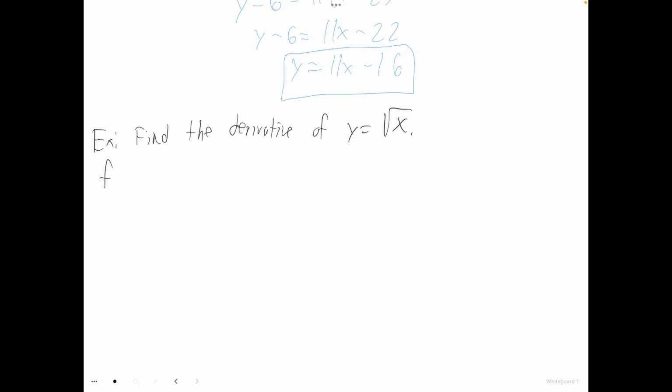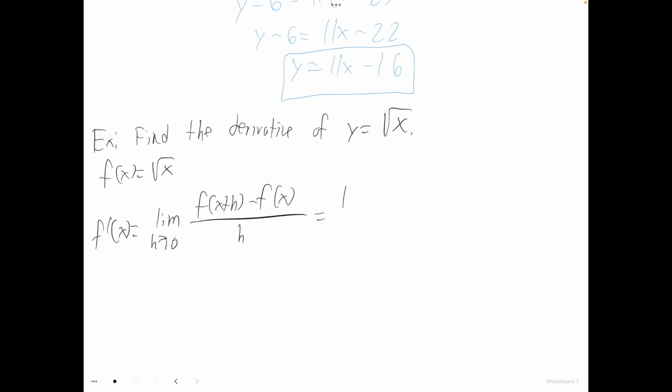Here, if f of x equals the square root of x, then f prime of x is going to be the limit as h goes to 0 of f of x plus h minus f of x, all divided by h, which is the limit as h goes to 0 of the square root of x plus h minus the square root of x, all divided by h.